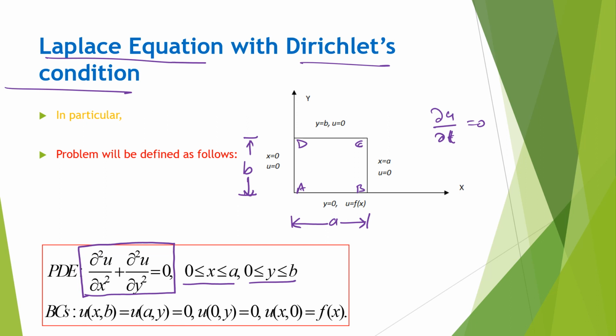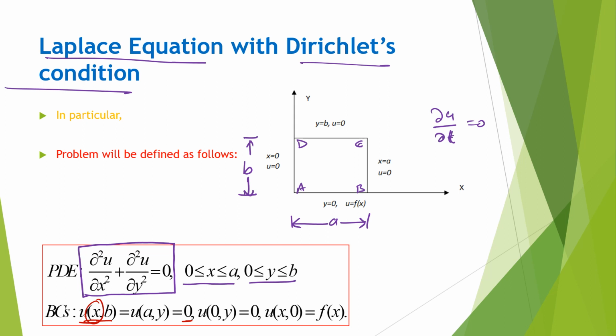Now the first boundary condition is u(x, b) is 0. Here x is variable. That means we can consider the value of x as a/2, a/4, a/10, a/20.